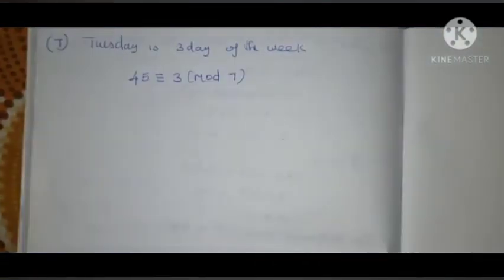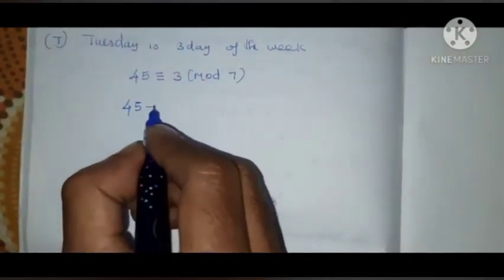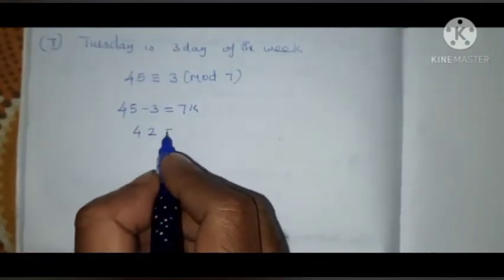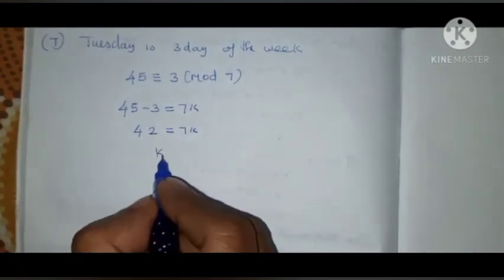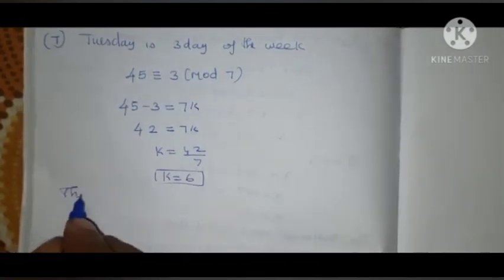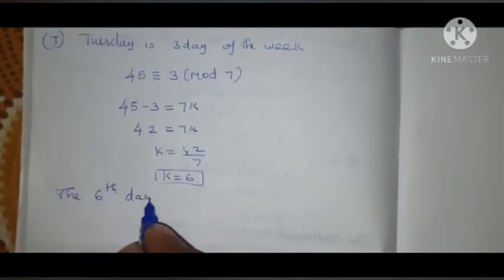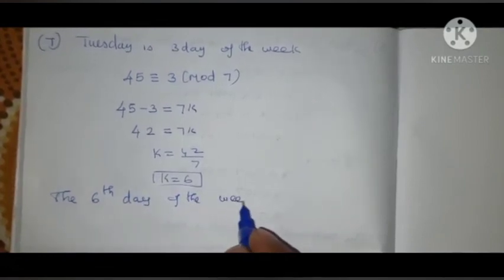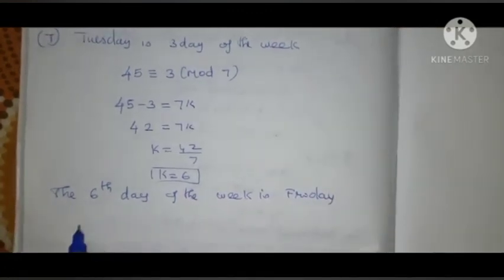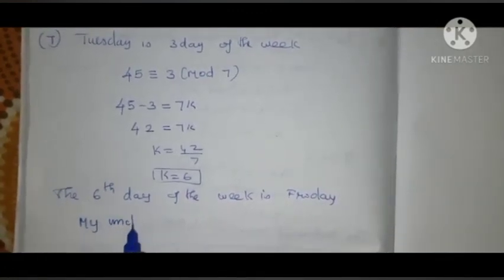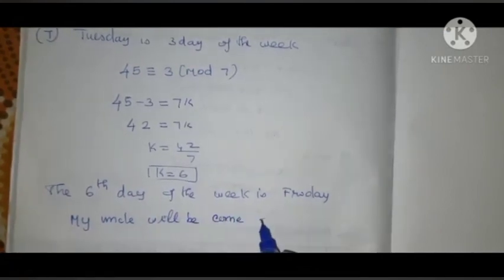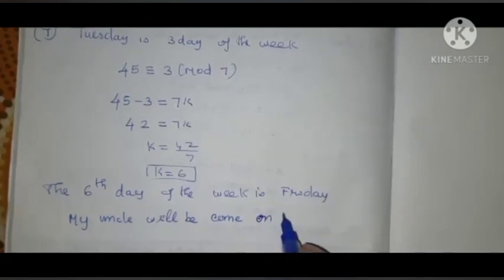The number of days in a week is 7. 45 minus 3 is equal to 7k. 42 is equal to 7k. k is equal to 42 by 7, k is equal to 6. The sixth day of the week is Friday. My uncle will come on Friday.